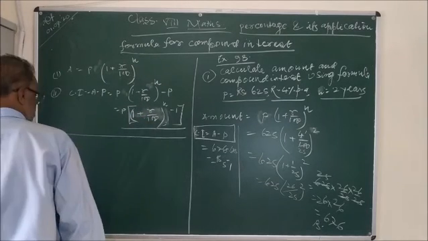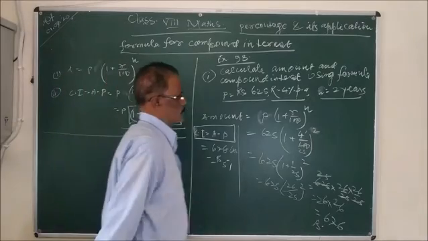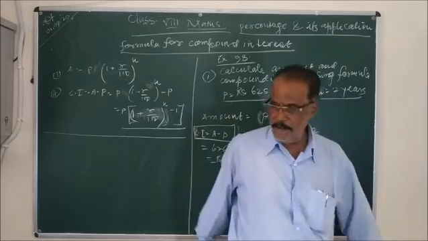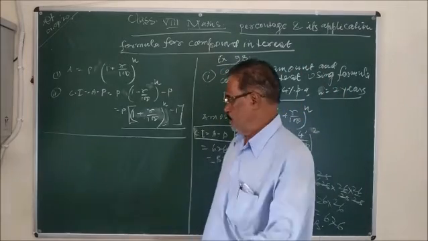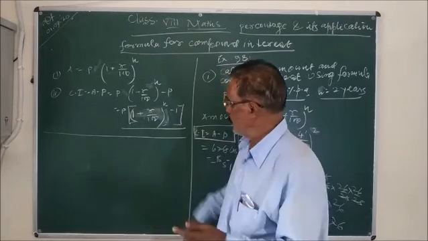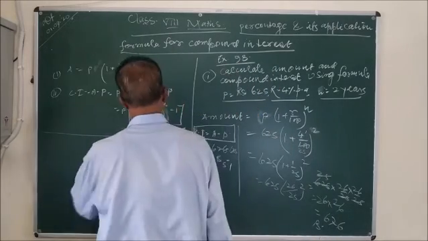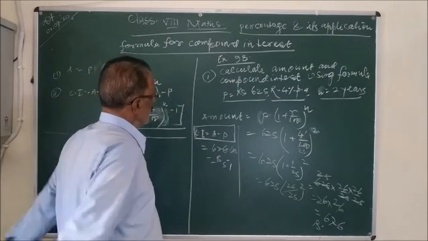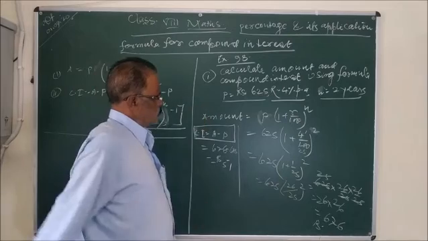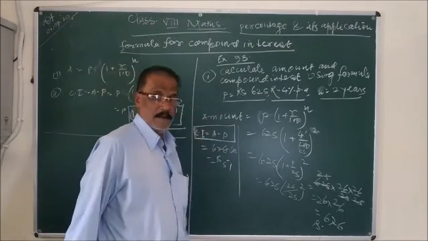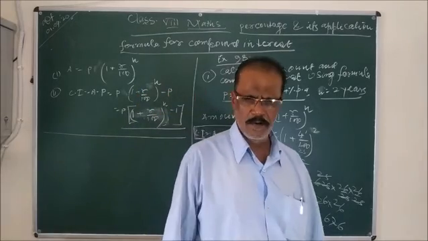In this way you can find the compound interest. I have explained what the amount, principal, rate and time are, and here n means the number of periods, that is, time. So this is the solution by which you can find the compound interest and amount also.